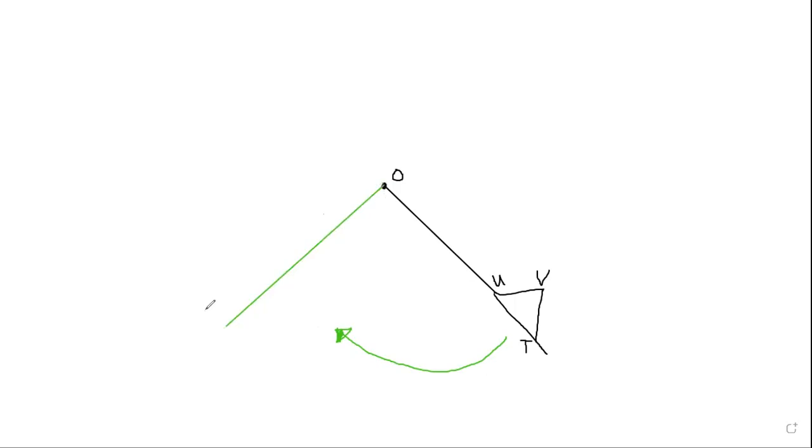Try to find where your 180 will be and then draw the image. Again, this is your 90 degrees, and this is another 90 degrees, forming 180. So draw the image in here.